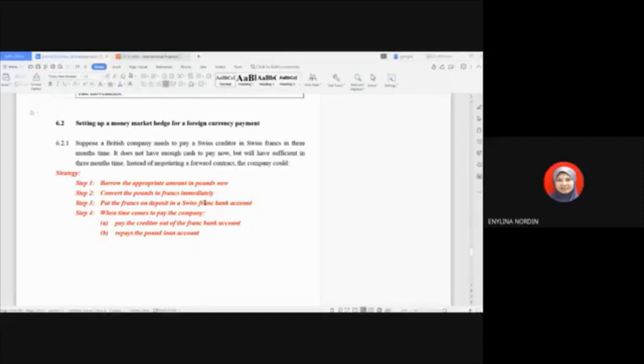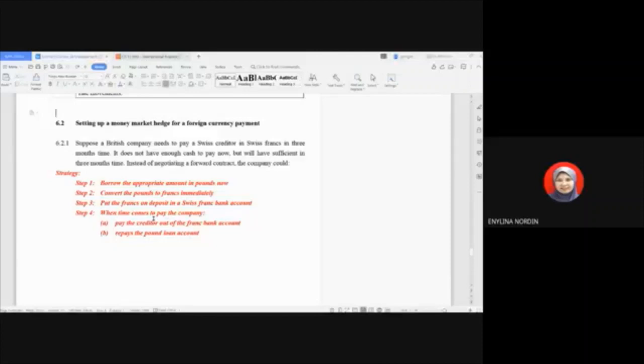Then once the maturity date is reached, in the third month, the amount of the deposit will have increased and will be used to pay the creditor in franc.